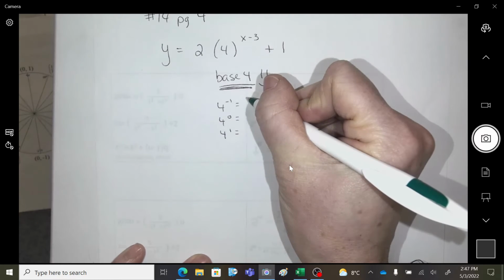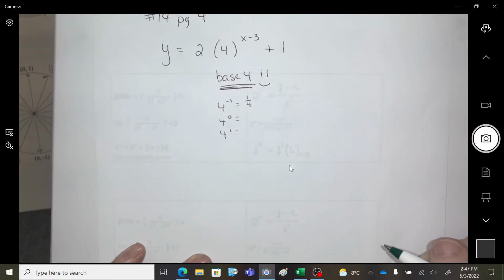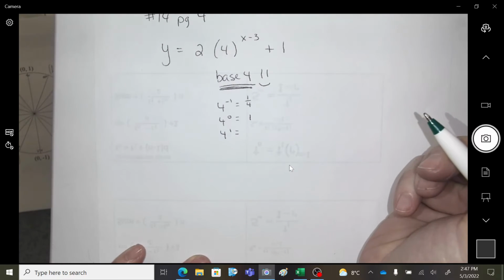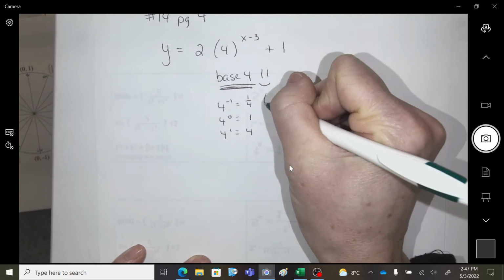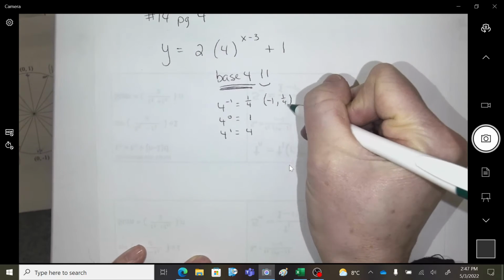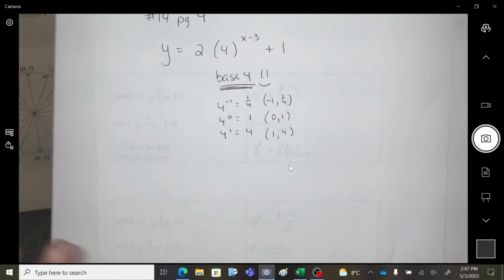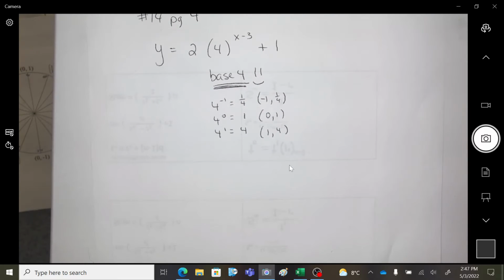There's a flip. 1 over 4. What's 4 to the 0? 1. And 4 to the 1 is 4. So I'm going to write them as coordinates now. Input, output. So there's 3 coordinates. Those points should have been on that graph.